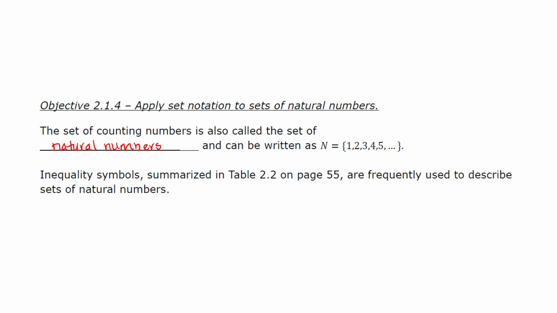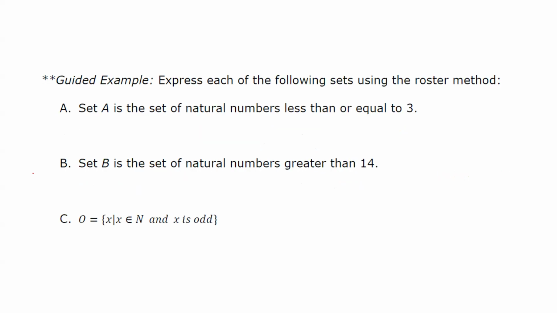Those 3 dots, or ellipses, indicate that there is no final element, and that the listing goes on forever. Okay, so inequality symbols summarized in Table 2.2 in the text on page 55 are frequently used to describe sets of natural numbers.